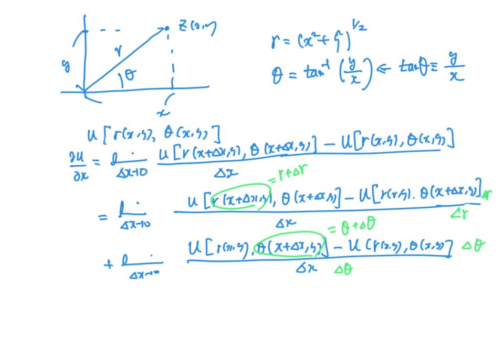Then what you get is simply partial u partial r times partial r partial x, plus partial u partial theta times partial theta partial x. It's called the chain rule. So you can do basically the same thing for the other variables.